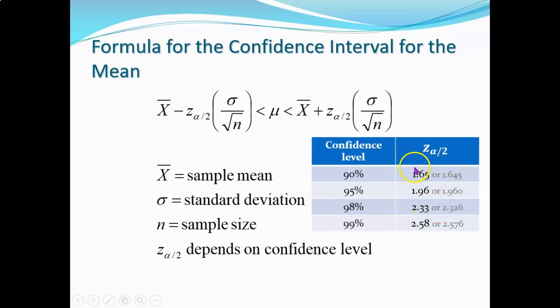But for now, we'll stick with just these 2 decimal place versions. So this little table here gives the number that you plug in for z sub alpha over 2 based on what your confidence level is.